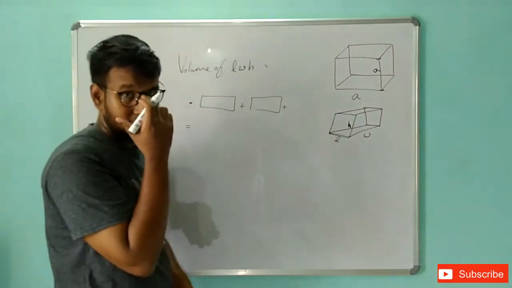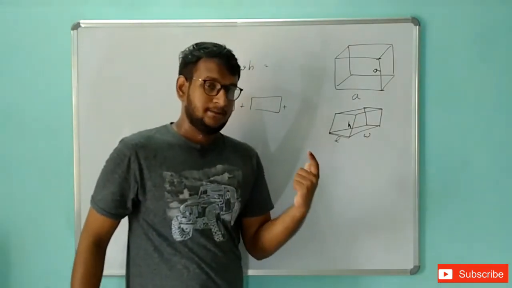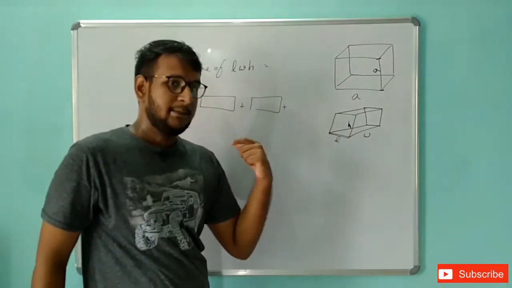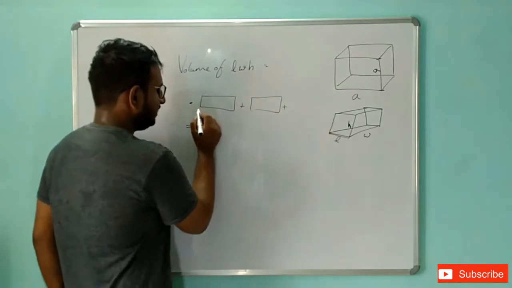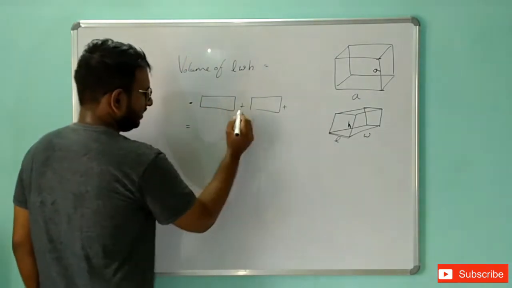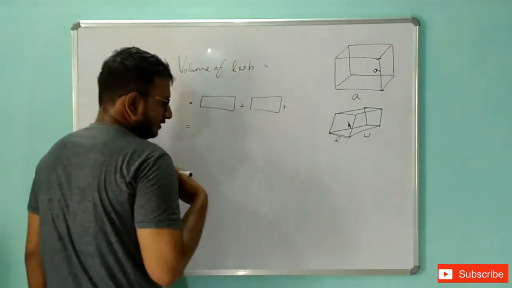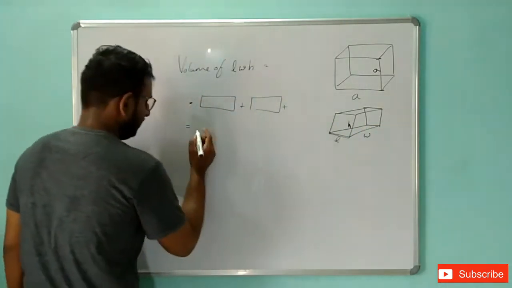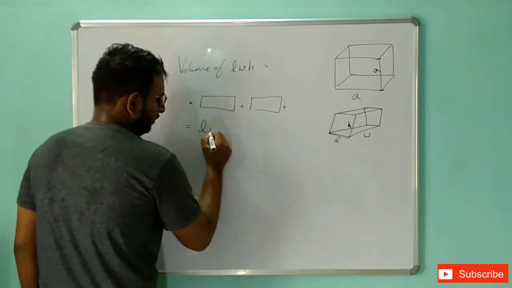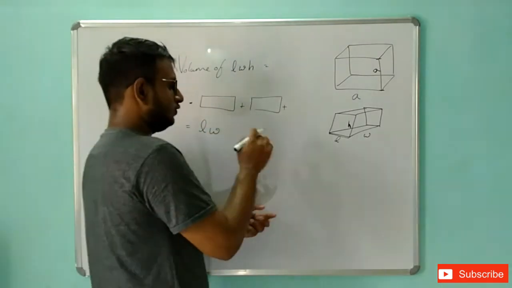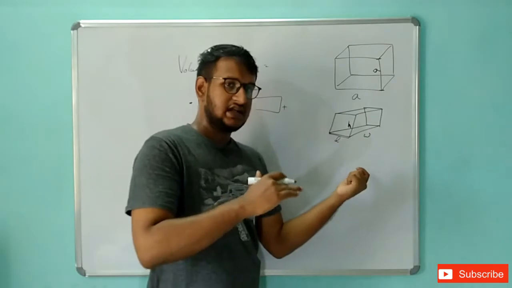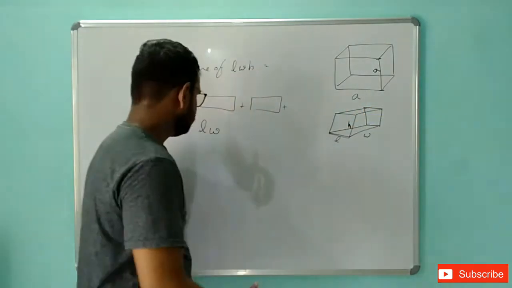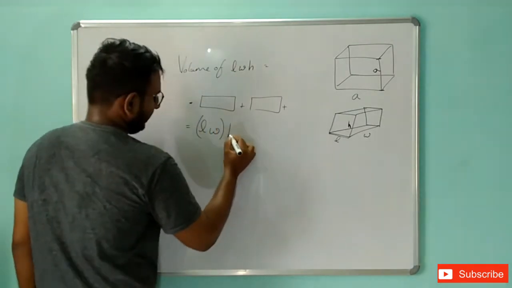So we know the area formula of a rectangle, which is length into breadth. In this concept, the length is L and the breadth is W, so we will have L into W. We are going to arrange this rectangle over and over till it reaches a height h, so into h.